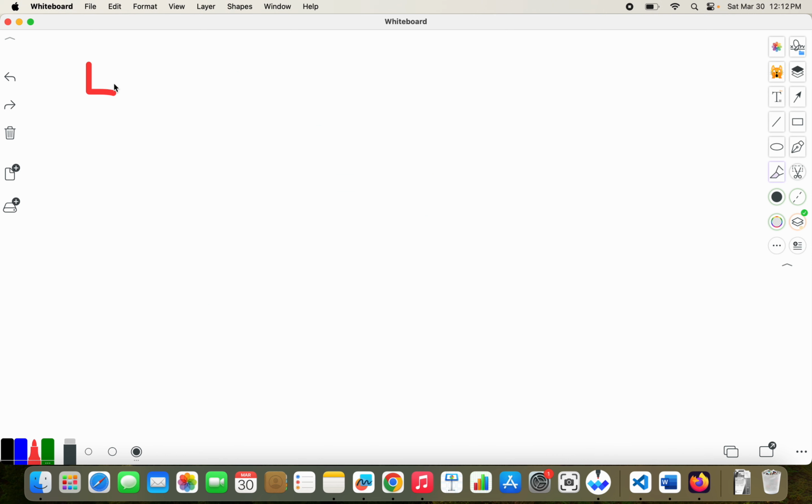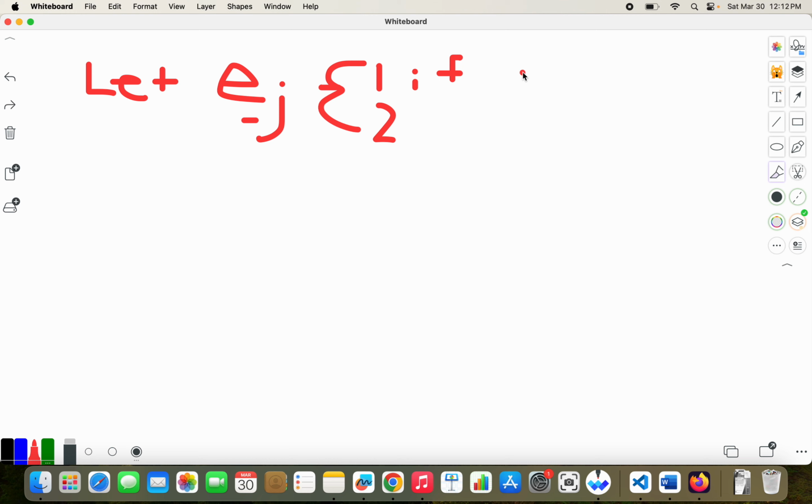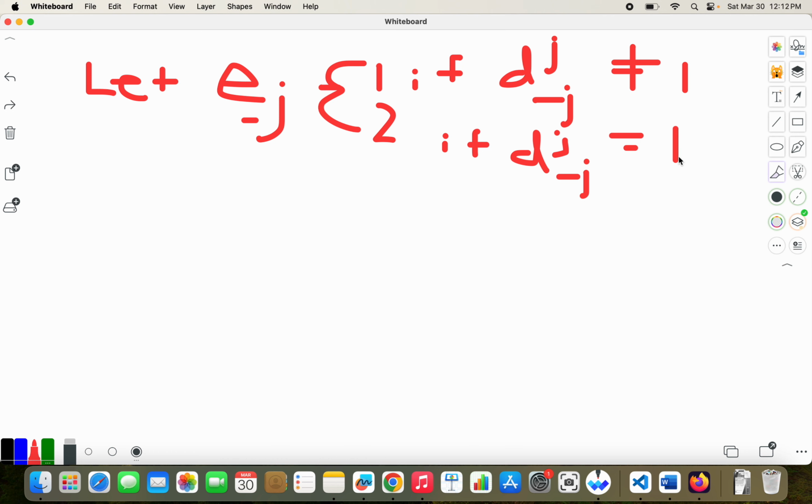So now let e_j, why is it negative j, take two values: 1 if d_j negative j is not equal to 1, and 2 if it is.